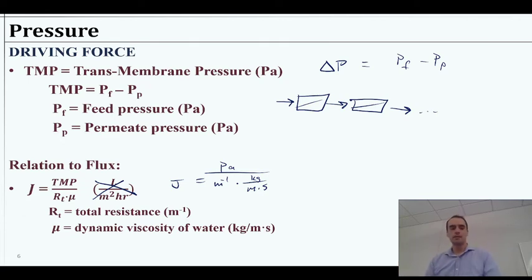So Pascal should be kilogram per meter per second squared. Okay, so then let's take this and divide it by those other ones. Per meter times kilograms per meter and second.